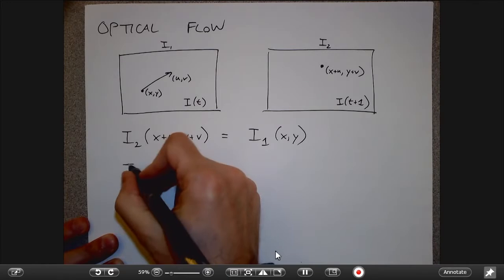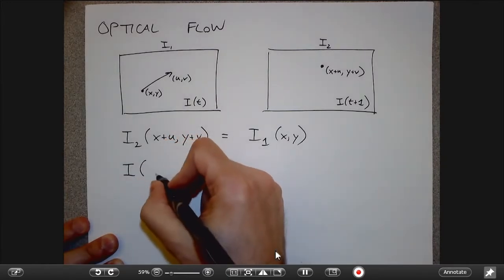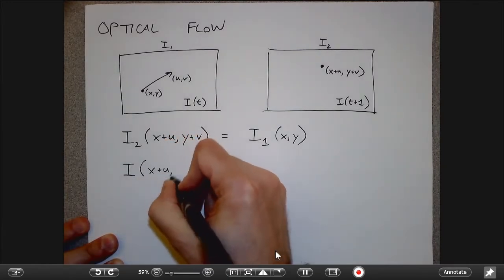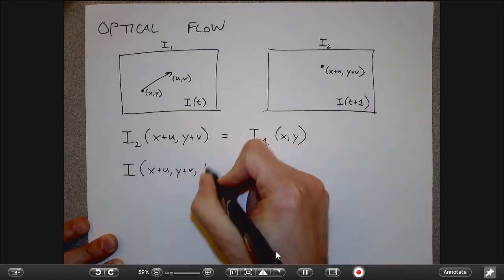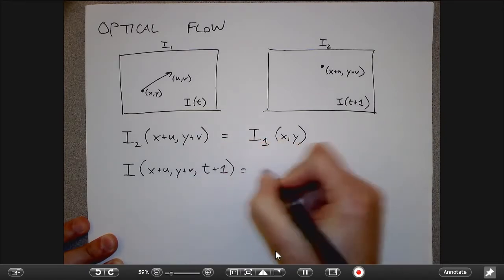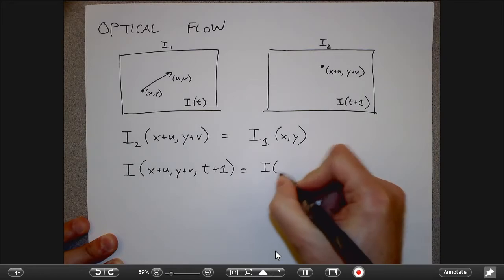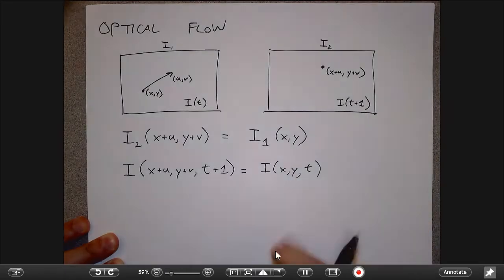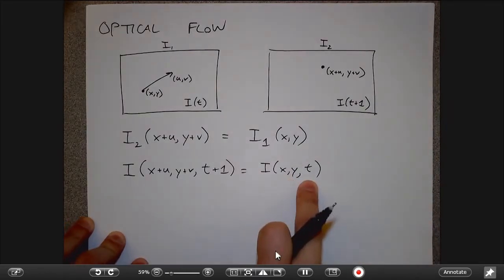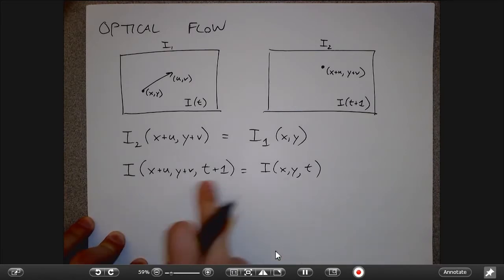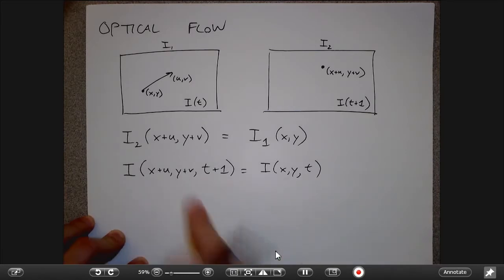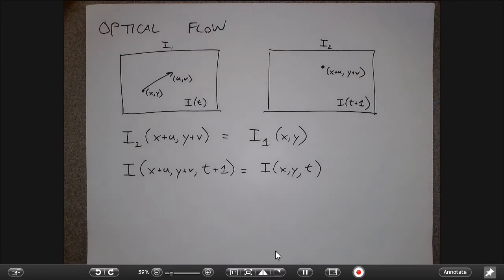Another way of saying this is that we could think about the image intensity as a function of space and time. So the pixel at (x, y) at time t moves to this position at t plus 1, (x + u, y + v). In this sense, I've taken out the I1, I2, and I've just said that there's this one three-dimensional quantity I that depends on both pixel location and time.